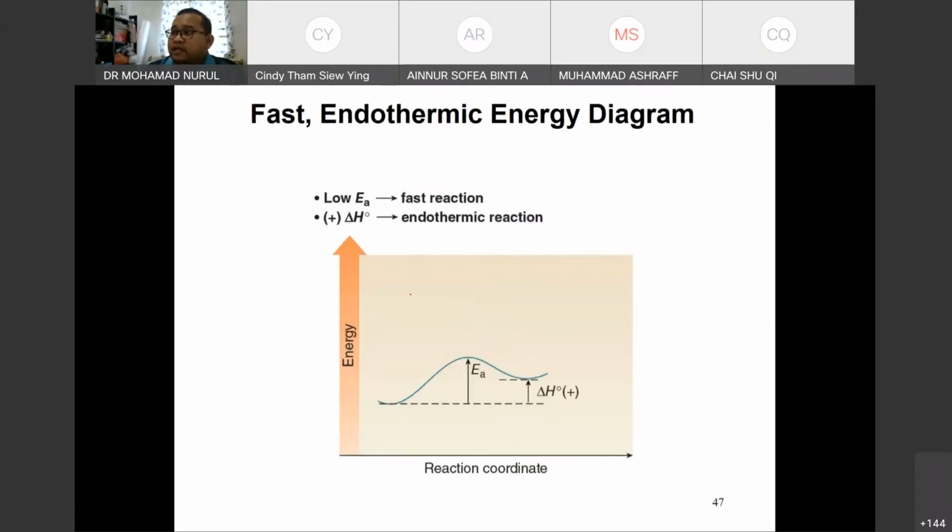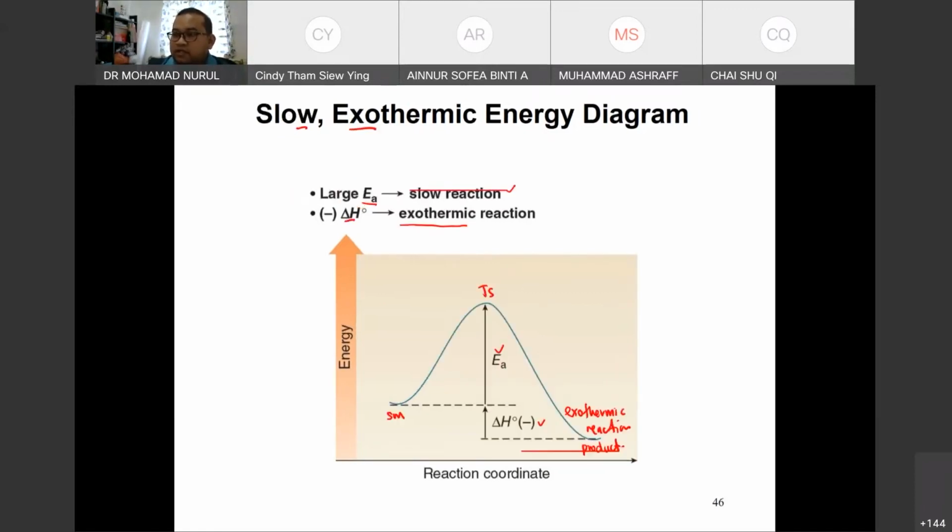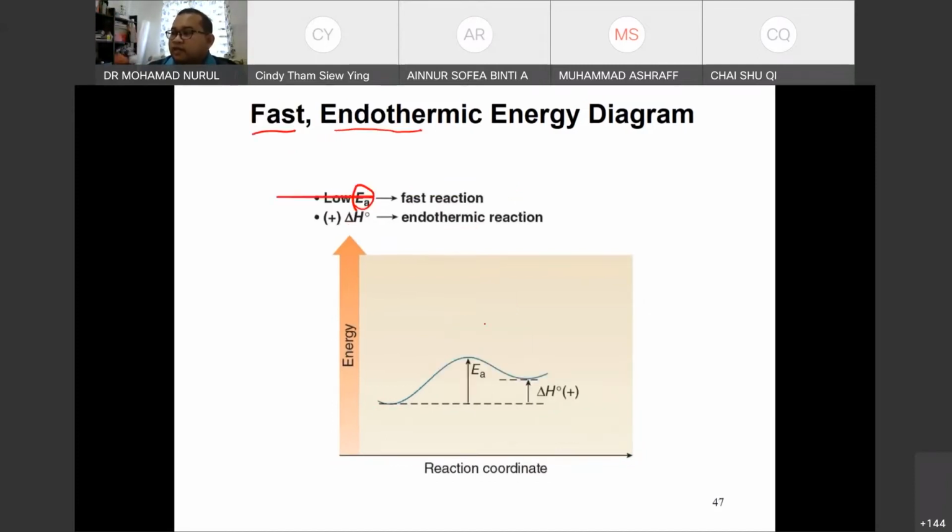So what happens? They have fast reactions, endothermic reactions. Again, they should have low activation energy, compared to this one. So they have low activation energy, which is a fast reaction.